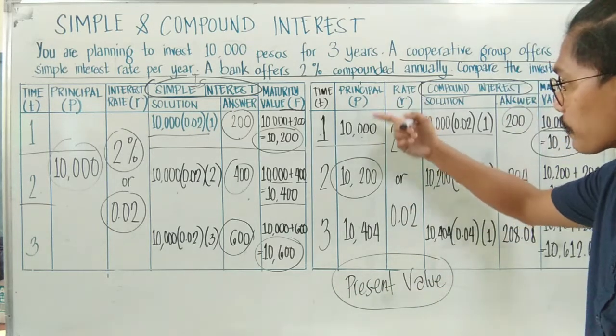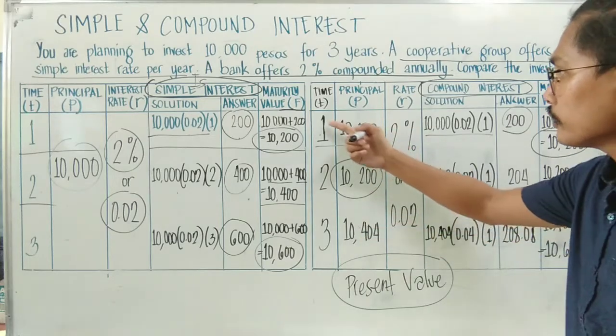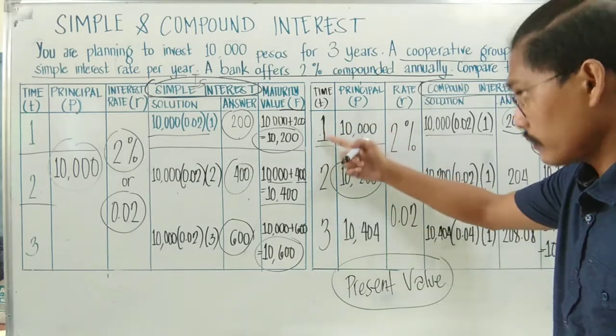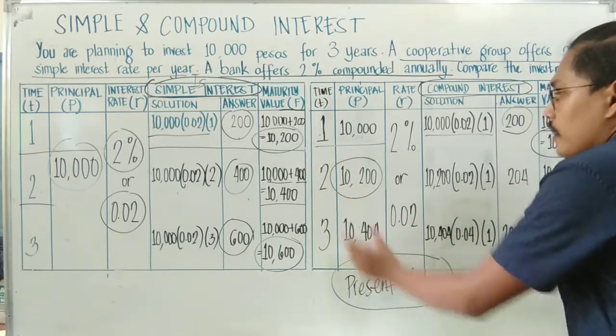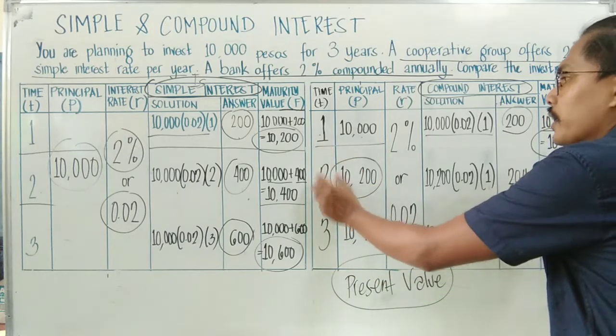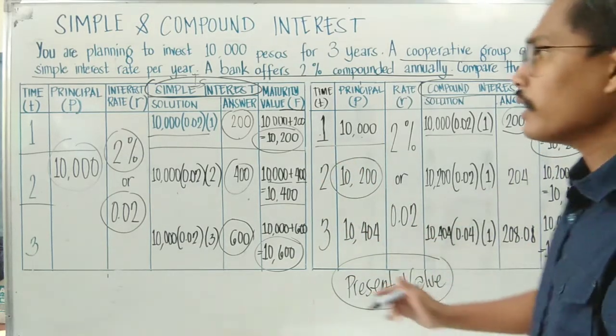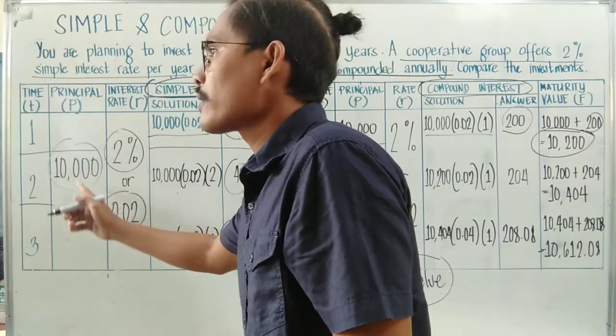Present value, because the principal keeps on changing after a certain time, or shall we say the present value in our case is changing after each year, or annually. In here again, the principal is constant.